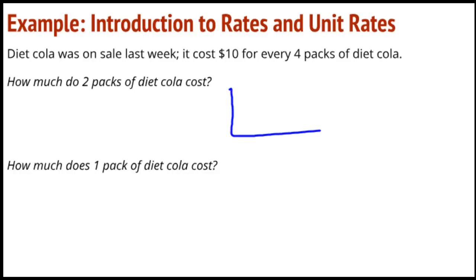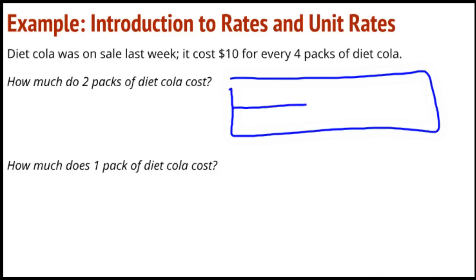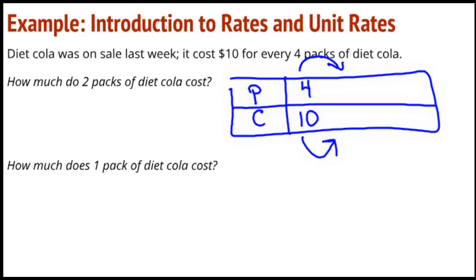One way to approach this problem would be to set up our table of equivalent ratios, and we could have the packs of the Diet Cola, and we could have the cost, and we could say that 4 packs would be $10, and then I can scale down and say, all right, so 2 packs, and I can say that I've multiplied by a half or I divided by 2.